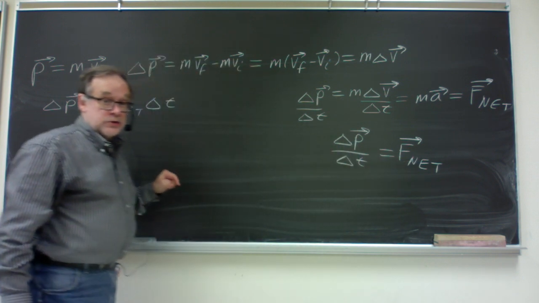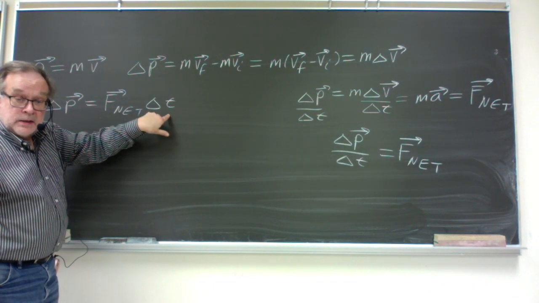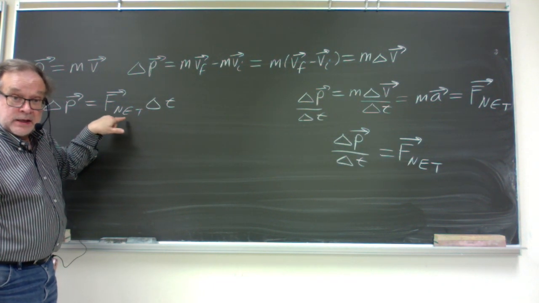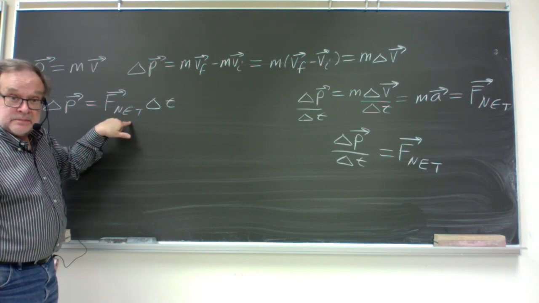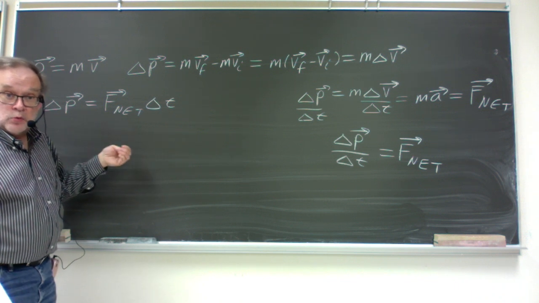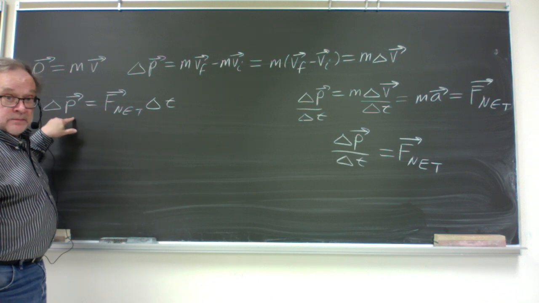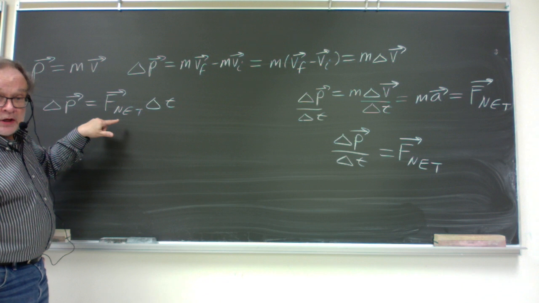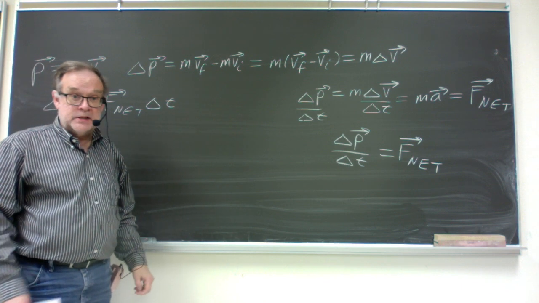So we can also say that the length of time here is the length of time this force was acting. Because as long as this force was acting, velocity and momentum were changing. And so change in momentum is happening as long as the force is present. So you can think of this as the length of time in which the force was acting.